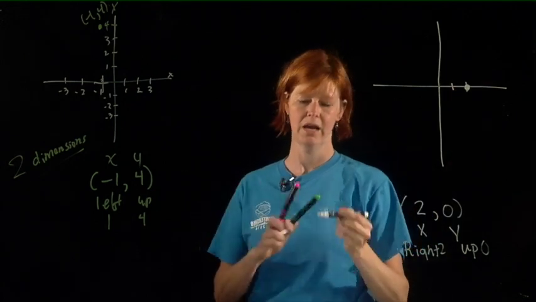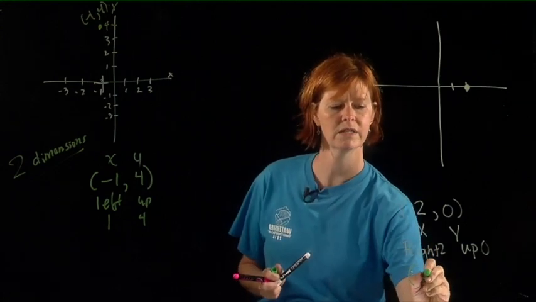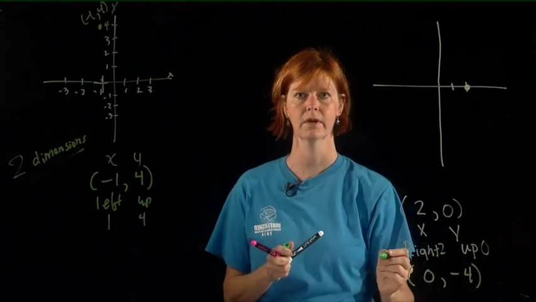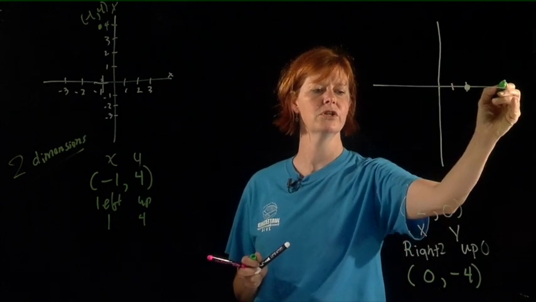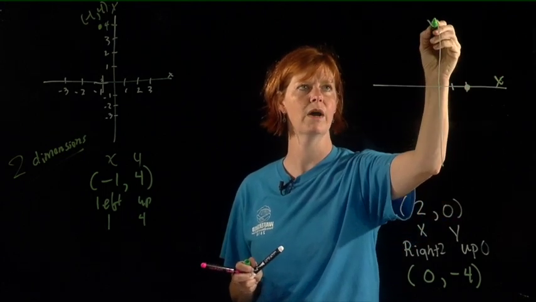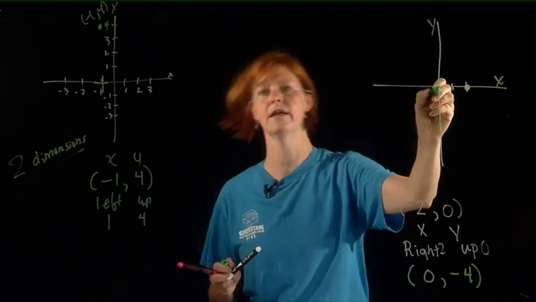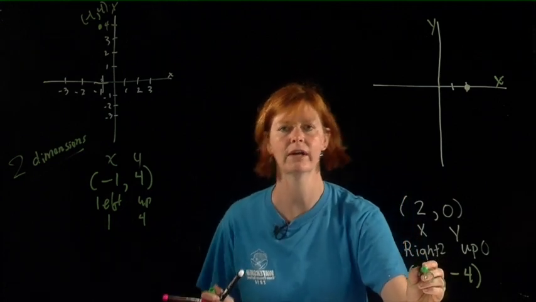The next point, we'll do in green. What if I went (0, -4)? Now you do your left and right first. Remember, this is your x value, and this is your y value. So move 0 to the left or right. I know I'm being goofy, but the point is this doesn't go left or right.